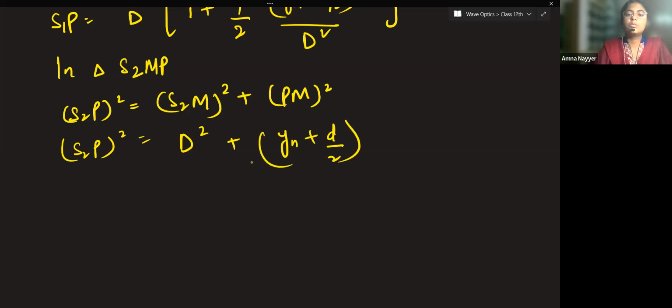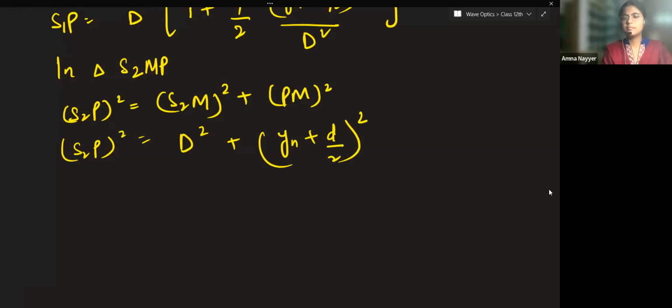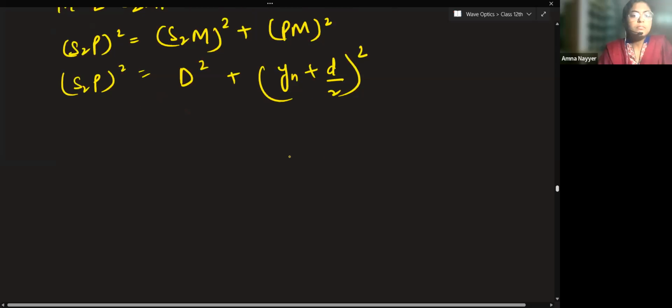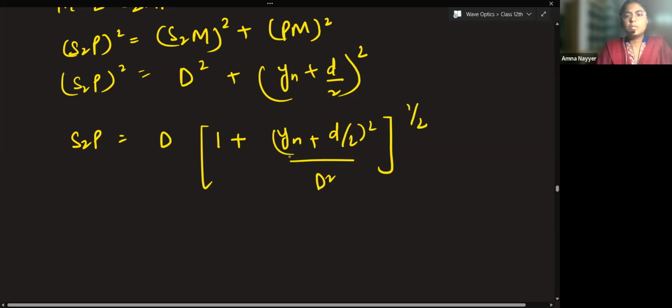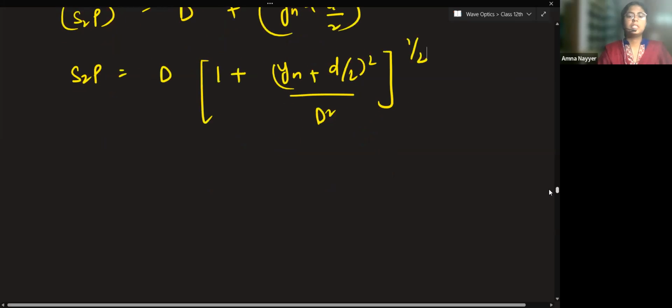Now we'll repeat all the same steps. S2P will be equal to D common, (yn plus D by 2) whole square by D square, to the power half. Again we'll apply the binomial expression.